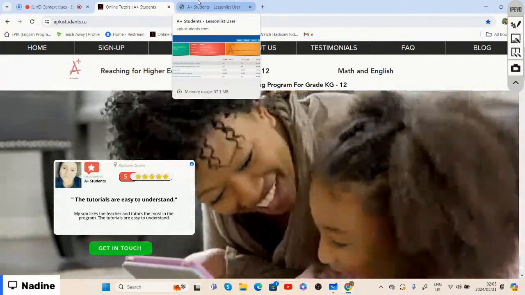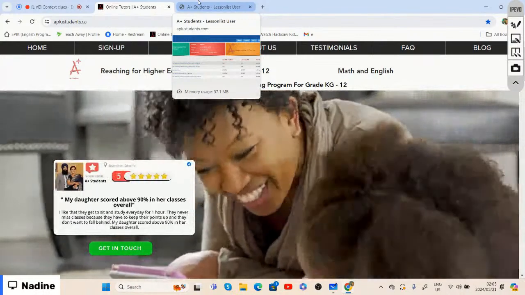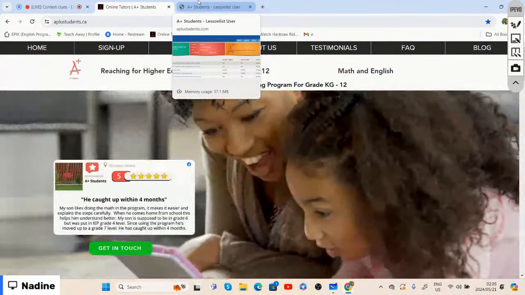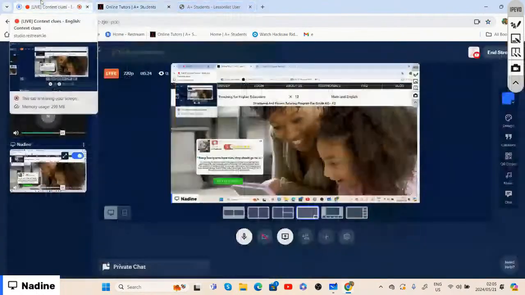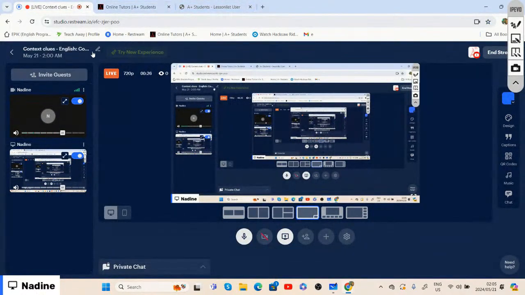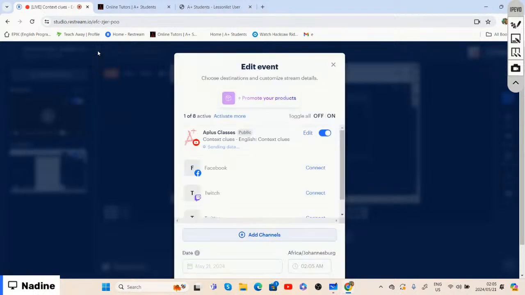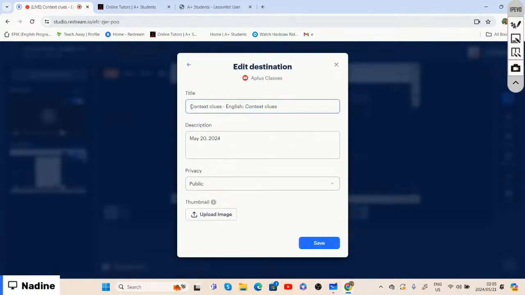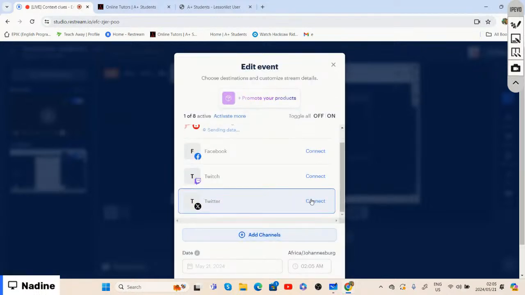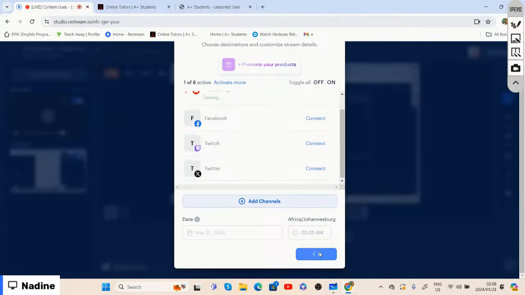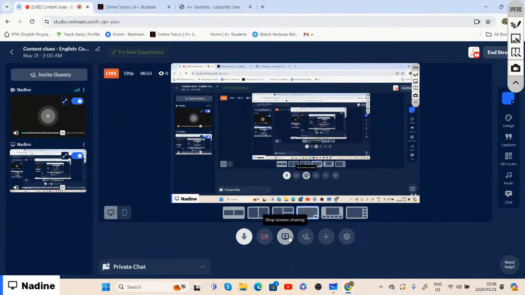Today, we'll be doing the lesson on context clues. Before we start, we're going to log on to aplusstudents.ca with our username as well as our password, and then we're going to select the subject of English Language Arts, grade 8.